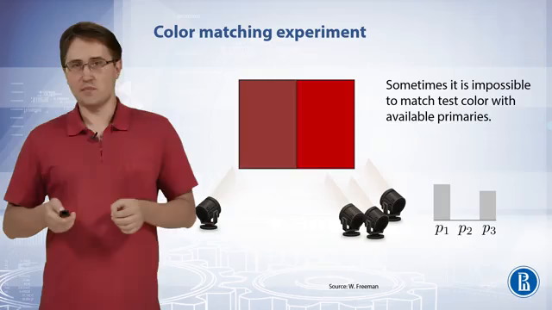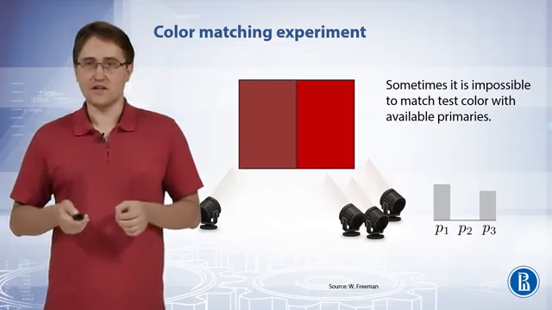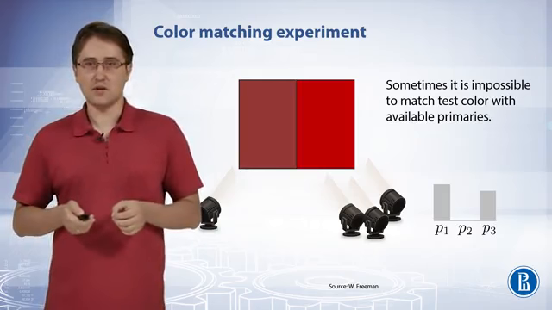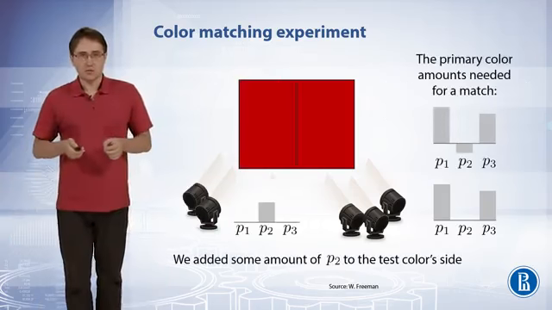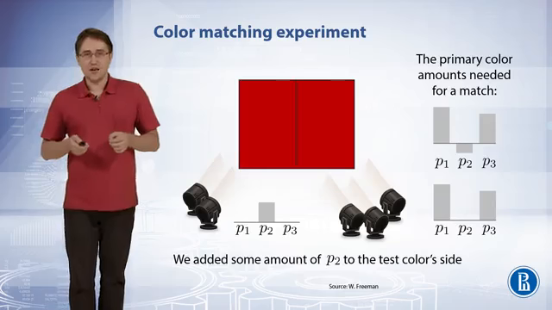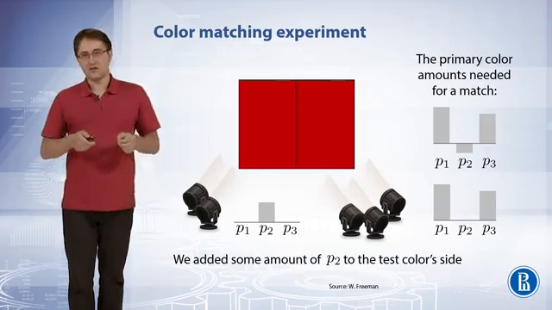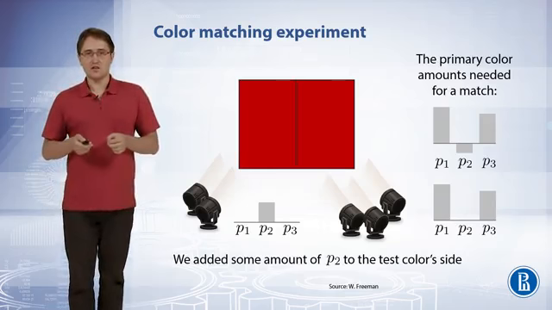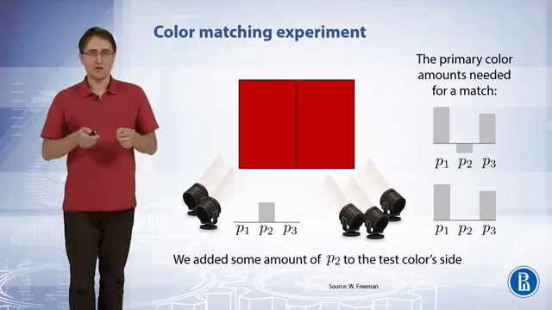During these experiments, we will find that sometimes it's impossible to match the test color with the available primaries. To solve this problem, the primary color needs to be added to the test source rather than to the basic primaries. To match the color in this example, we need to add some amount of the P2 primary to the test color side.